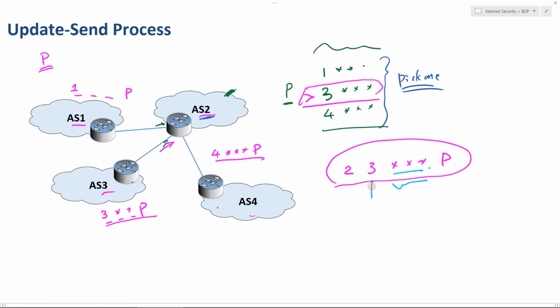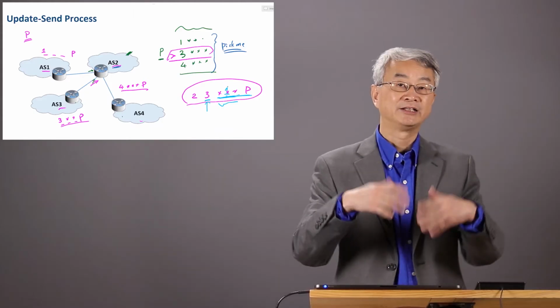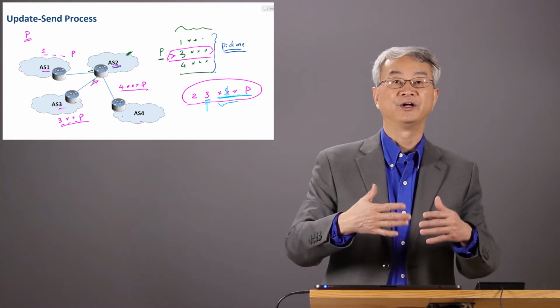For example, I won't send this path to 3 because I got it from 3, so 3 is already on it, and it doesn't make sense to send it back. And if 1 is already somewhere in the path, it doesn't make sense to send it back to 1, because 1 knows a shorter path to reach P, so it would be useless. If any of them is already on the list, I will not send to them. But if they're not on it, I will forward it to them.